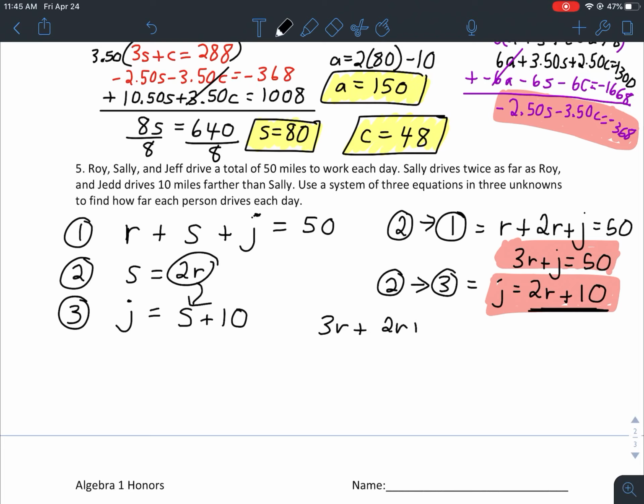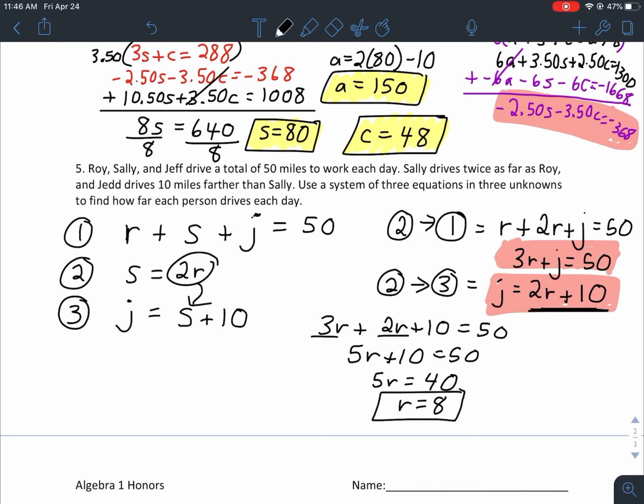So 3R plus J, well, we know J is 2R plus 10, equals 50. Combine like terms. Subtract the 10 over. So we have R is equal to 8. So we know Roy drives 8 miles to work each day.